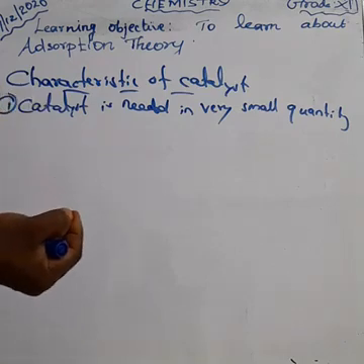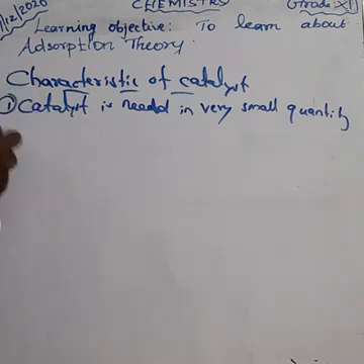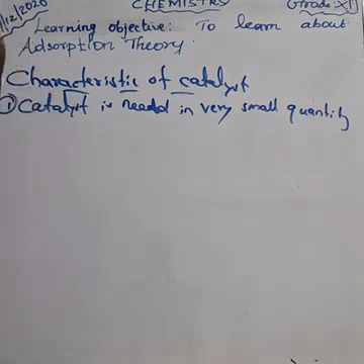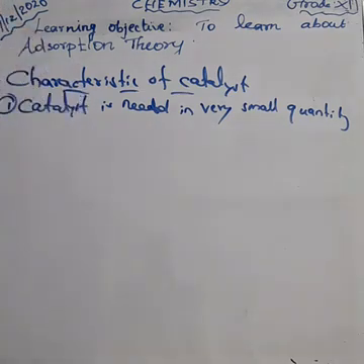A pinch of catalyst, a small amount of catalyst, is enough for the reaction in bulk. Bulk means many, a huge amount of reaction. Only a small amount of catalyst is enough.